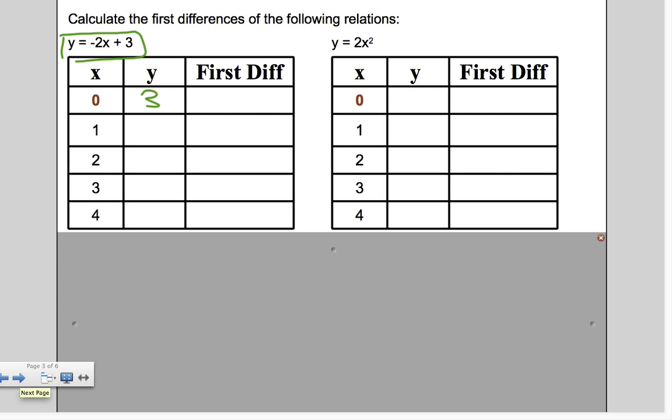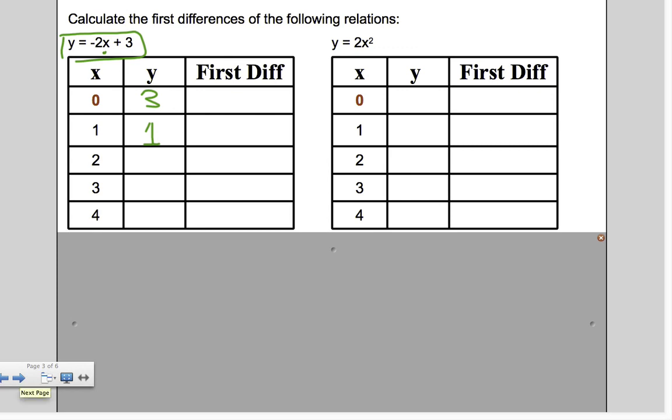Well, when x equals 1, we plug in x equals 1 to this equation, what do we get for y? So it's negative 2 times 1, negative 2, plus 3 gives us, so negative 2 plus 3 gives us 1.